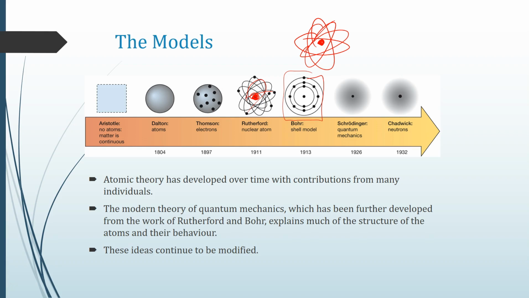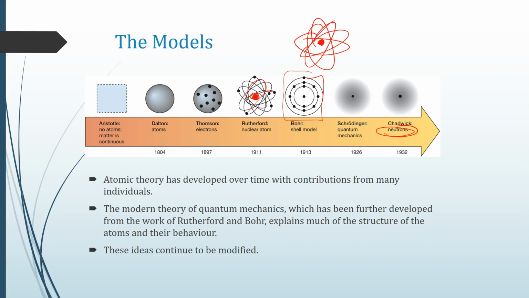After that, in the 1920s and 30s, we had the discovery of nuclear physics and the quantum mechanics model. Schrödinger and Chadwick then discovered the neutron. After Chadwick discovered the neutron, it really opened up our understanding of atomic mass and things like that.